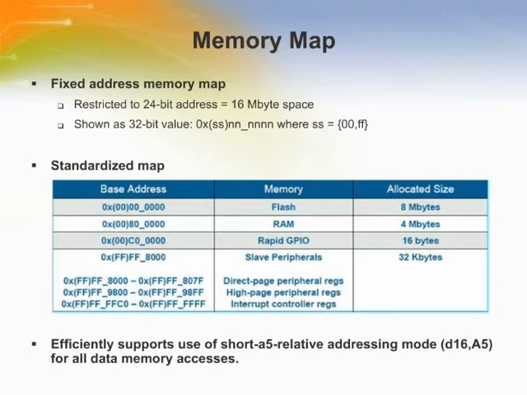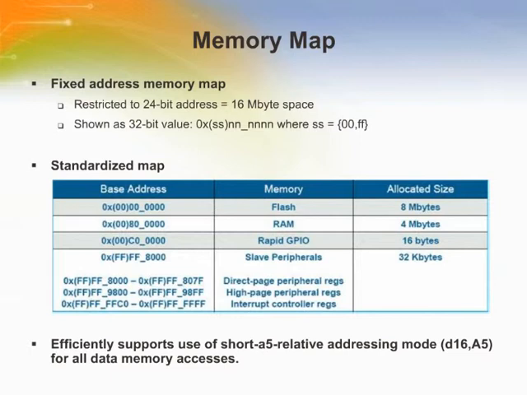V1 ColdFire cores implement a fixed address map with a 24-bit address space. This provides a 16 megabyte definition, which is sufficient for the devices targeted for this application space. Even though the address space is restricted to 24 bits, we still represent addresses as 32-bit values because there are still certain hardware structures that retain the full vector width.